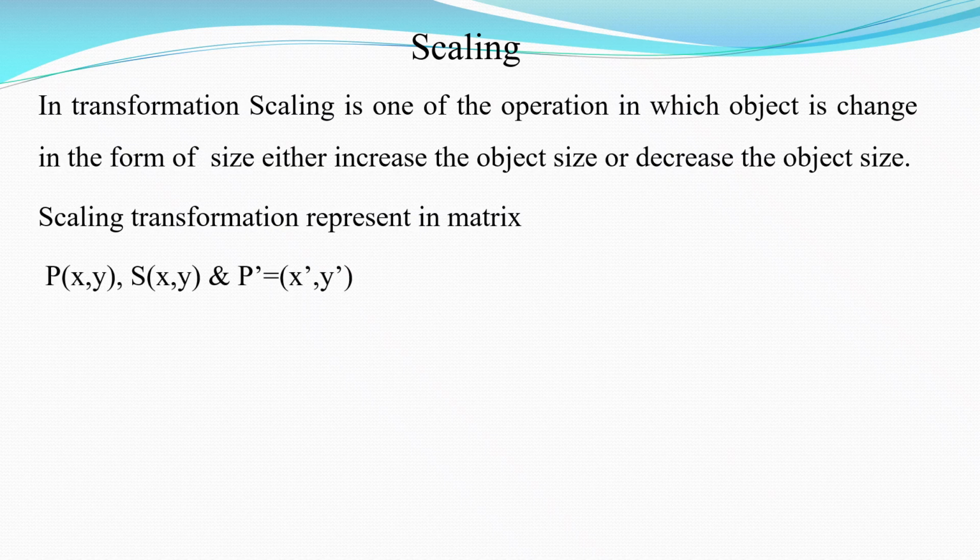P is the original and S is the scaling factor, the parameter used to denote the scaling factor of the x and y coordinates. And P dash is the changed one. This is how we represent the matrix; we will see the 2 by 2 matrix in the next slide. Okay.